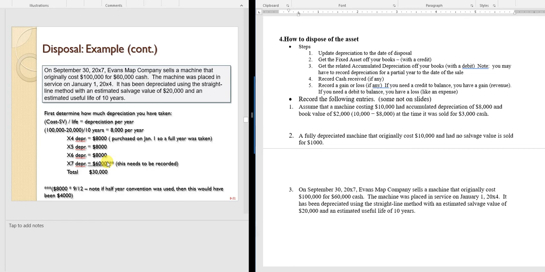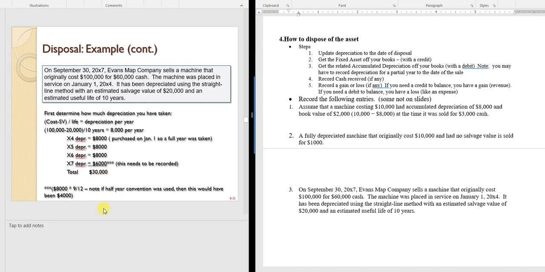I generally record depreciation on December 31st, so all of these have been recorded, but this one hasn't. So first thing, update the depreciation to the date of disposal. I have to record my September 30th depreciation, and then my accumulated depreciation will have $30,000 in it.